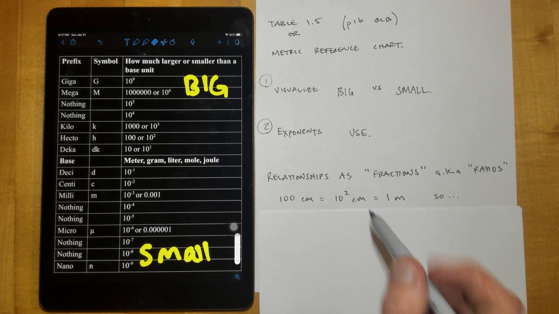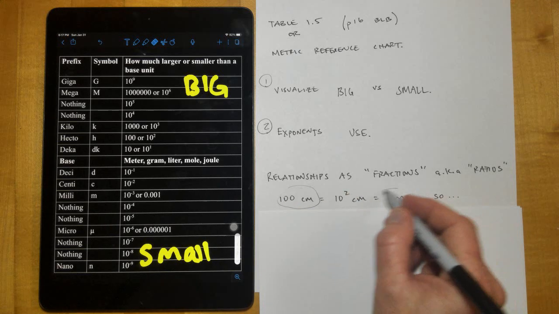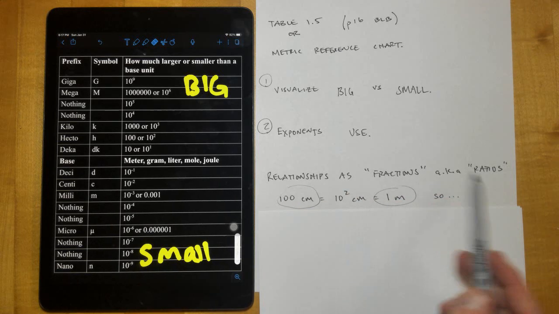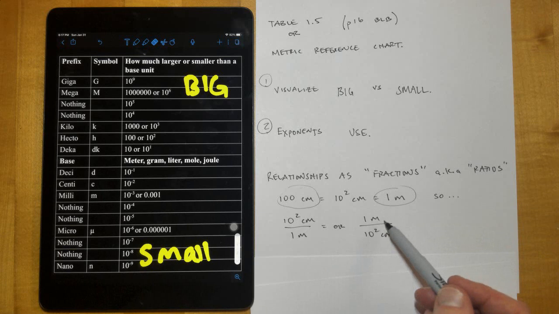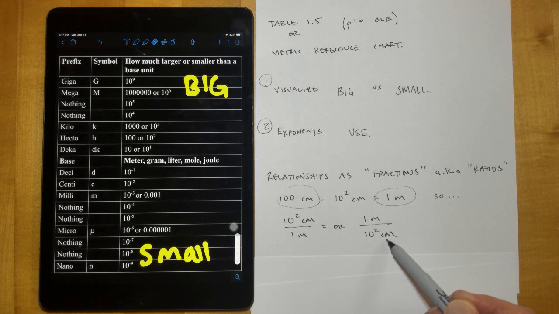Since you know this relationship, you can write it as a fraction or as a ratio and then use it in a mathematical equation to do a conversion. You can write it as 10 to the 2 centimeters, or 100 centimeters, are in 1 meter. Or you could say that in 1 meter there are 10 to the 2 centimeters.